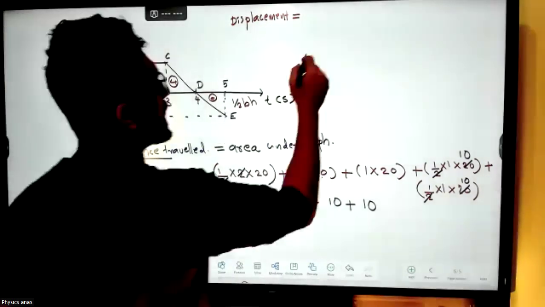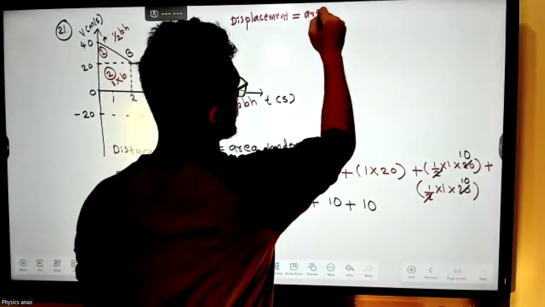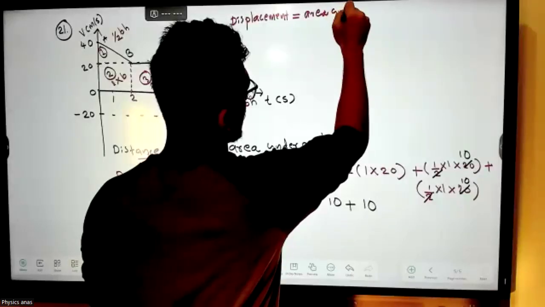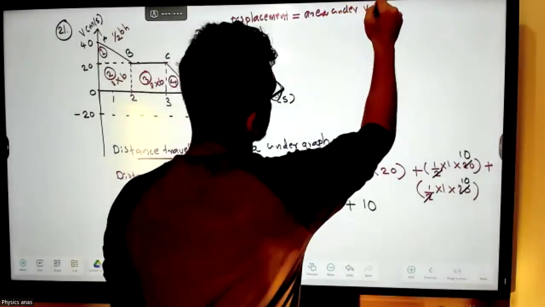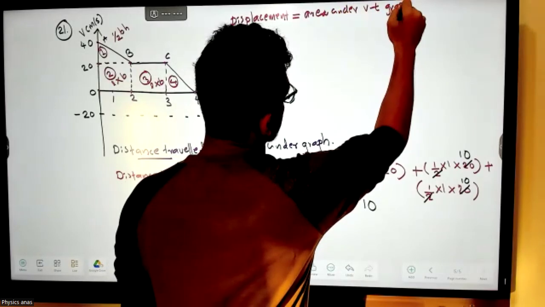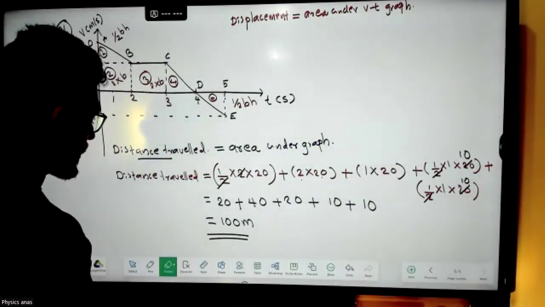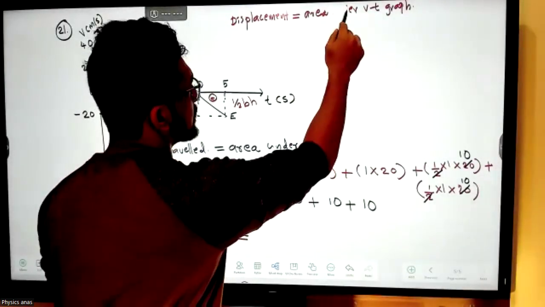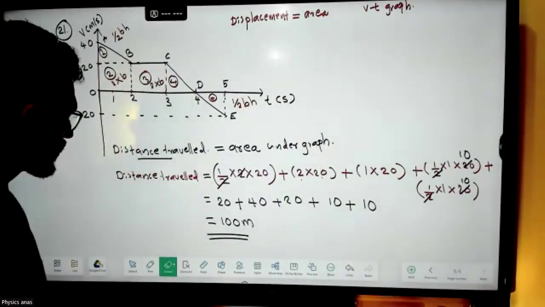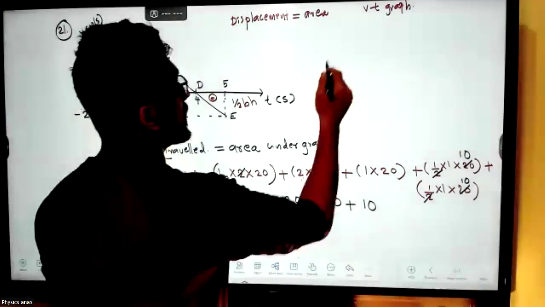That's area under the velocity time graph. Area under the velocity time graph is displacement. Distance and displacement have the same dimension, right? So they will have the same meaning sometimes.